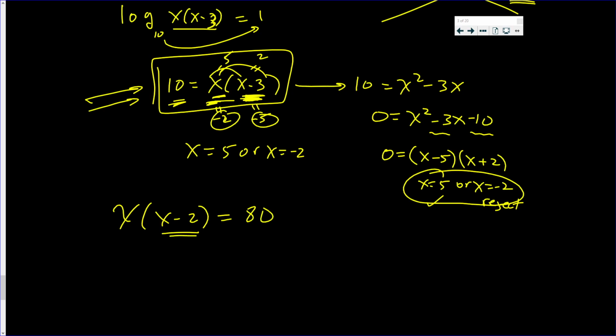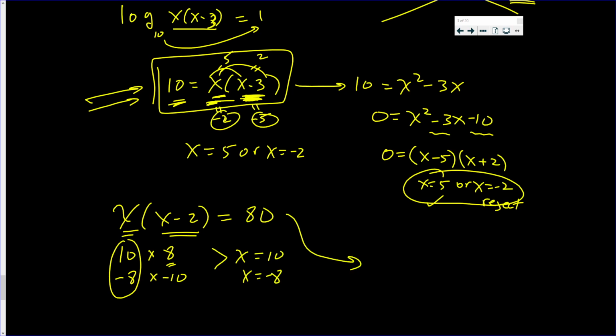This number is 2 less than that number. Oh! 10 times 8 is 80, and that's 2 less. Or, negative 8, 2 less would be negative 10. These are the two answers. X is 10, x is negative 8.